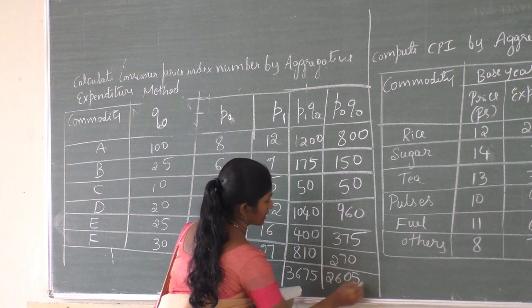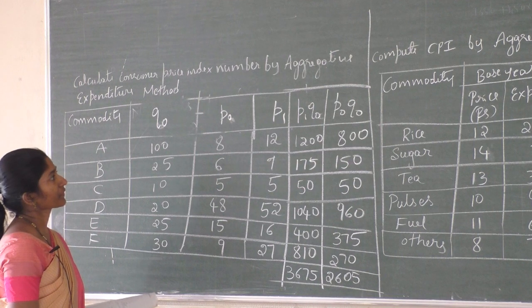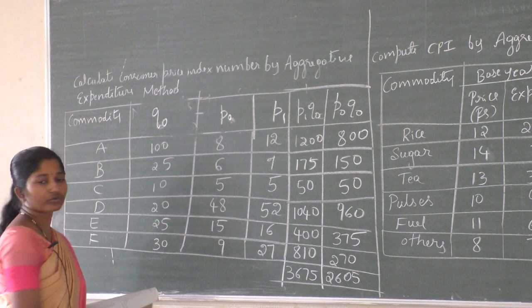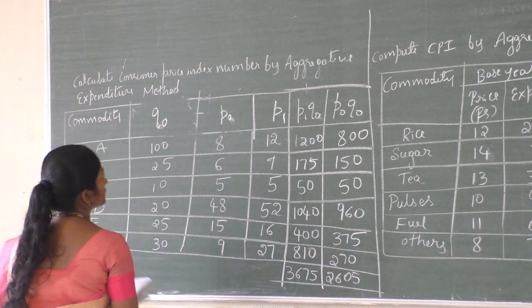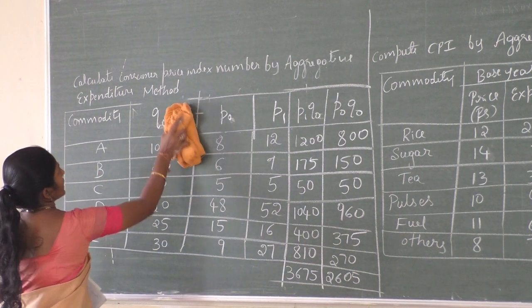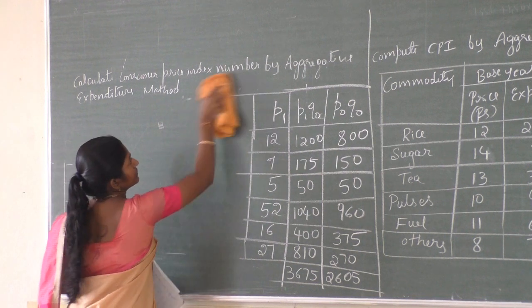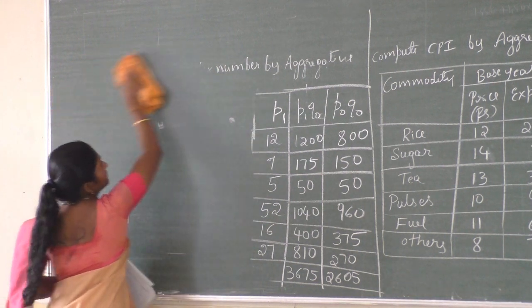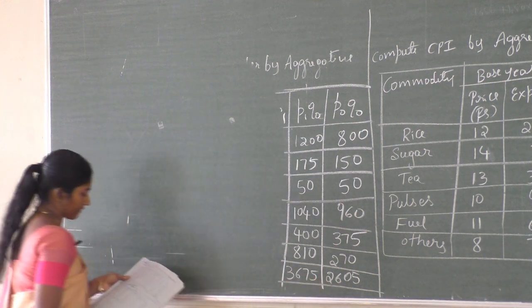This is our total answer. We got the answer like this. Now we have to calculate by the aggregative expenditure method. No space, I will rub this out. We need these two values.